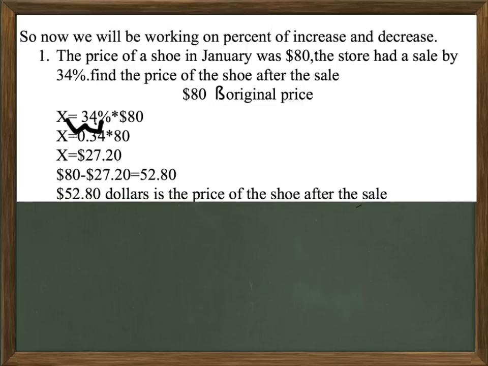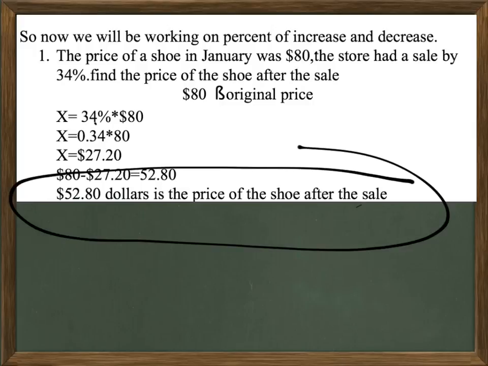So we move it 2 places over to get a decimal, and we get 0.34. Then we multiply 0.34 by 80 and get 27.20. This is our amount of discount, so we subtract it from the original amount and get 52.80, and that is our answer. $52.80 is the price of the shoe after the sale.